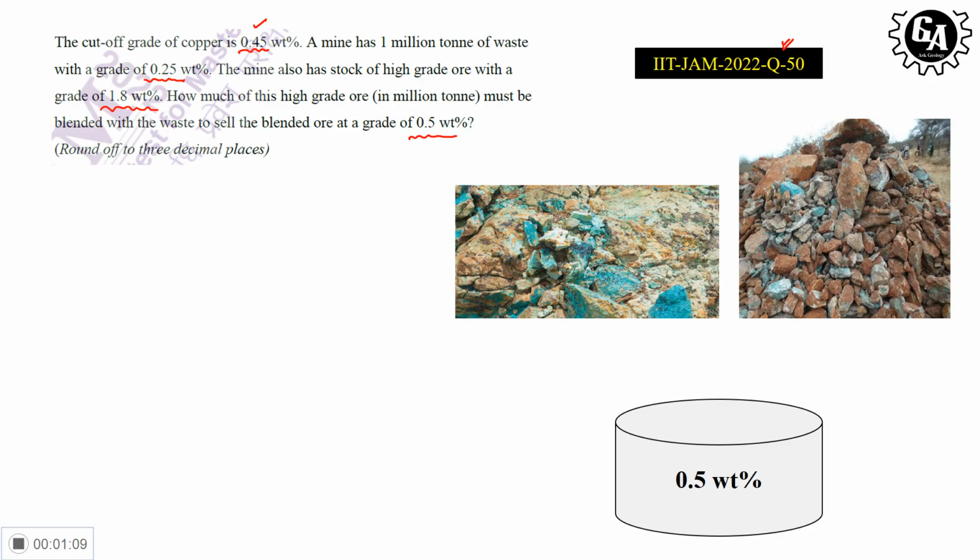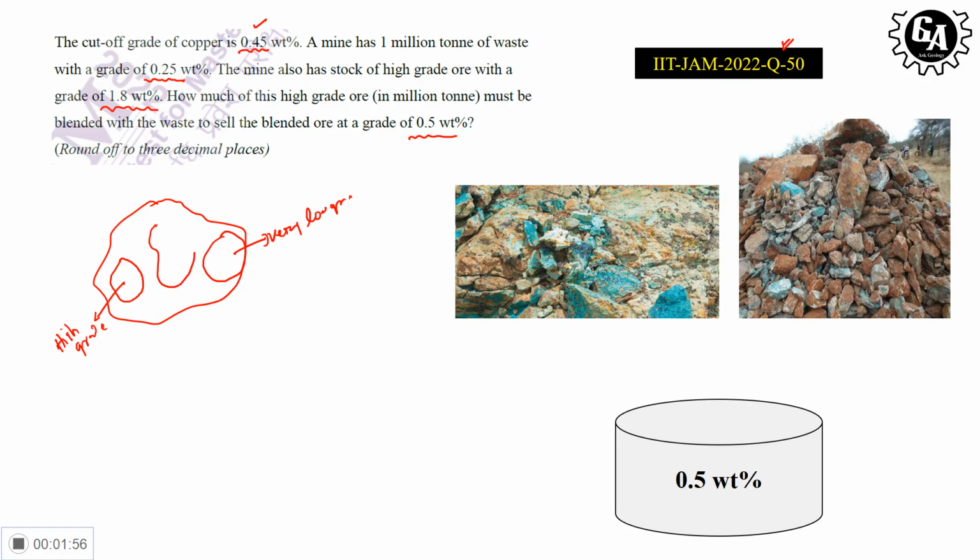So basically what happens in any industry where ore minerals are being extracted, the overall grade of the ore is not the same in all cases. If this is one mine and you are extracting ore from this much area, it may be possible that the ore you get from this place will be high grade, and the ore you extract from this place is very low grade, and in between you get some intermediate.